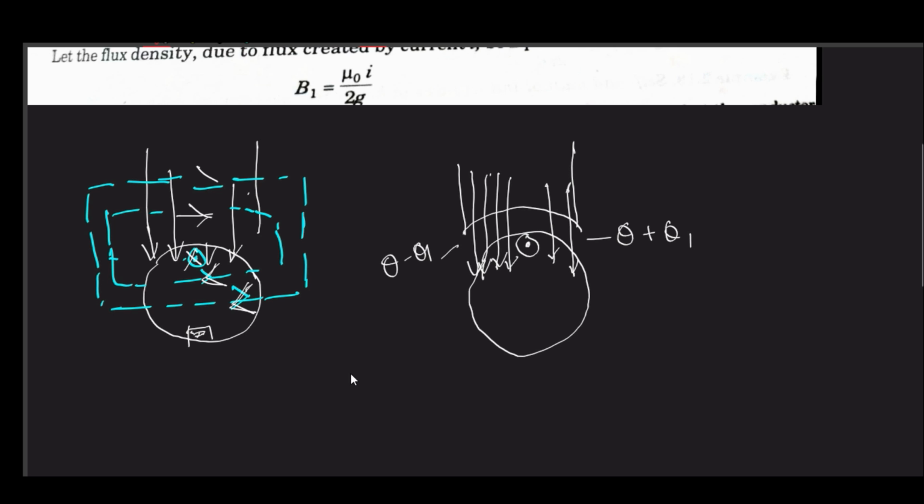Armature mmf direction will be reversed, and therefore here it is theta minus theta 1 and thinning of flux lines on this side.